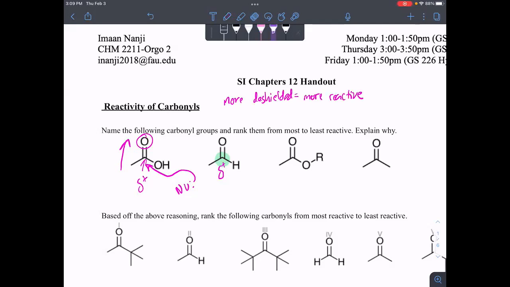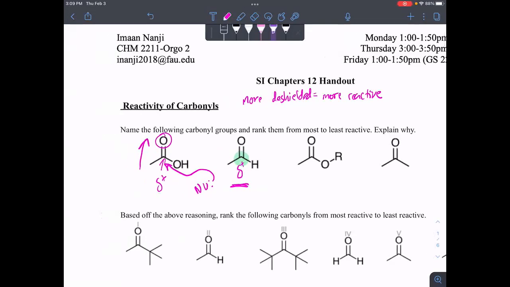So what are a couple of things that can reduce the reactivity? What are a couple of things that can make the delta positive less positive? Yeah, we have what? Induction, and I think Sarah said the other one, which was resonance.